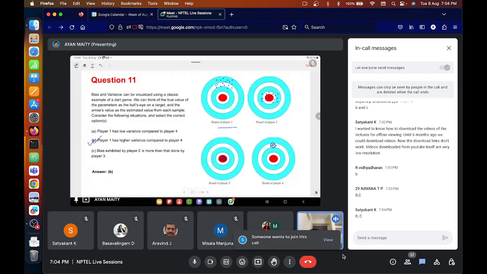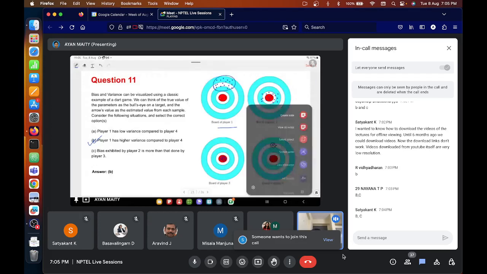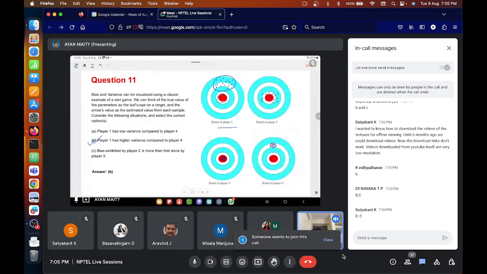These are the predicted values, and this is the actual target value. The bias is high because none of these blue dots are anywhere close to the bullseye. For player 1, bias is high and variance is also high, because the predicted values are quite spread out.